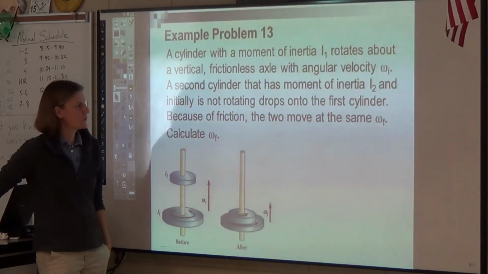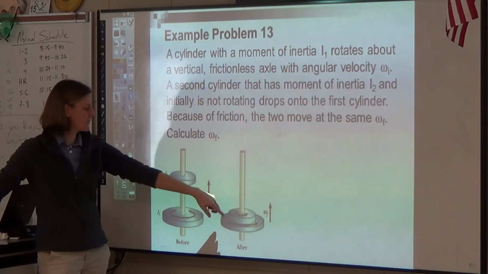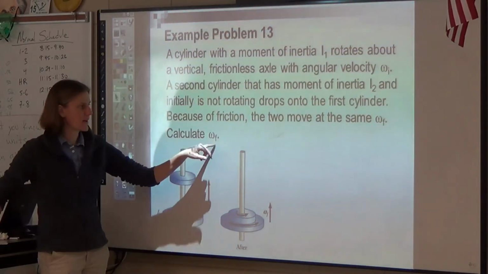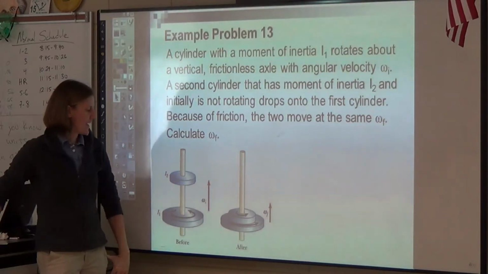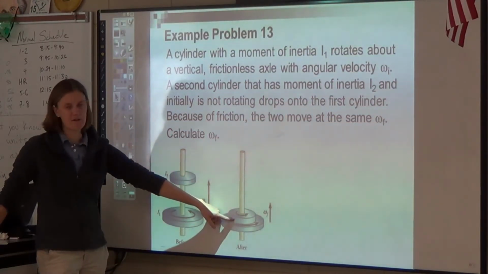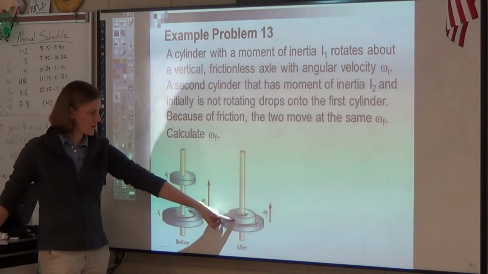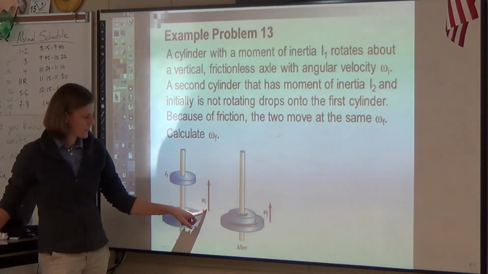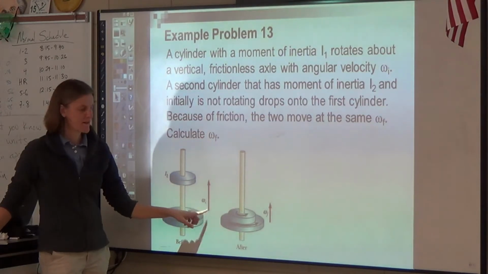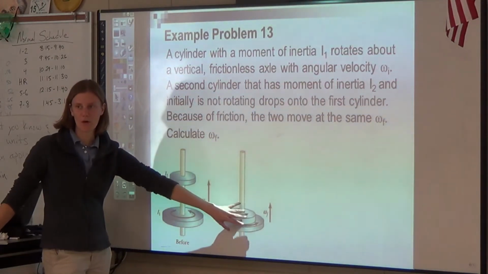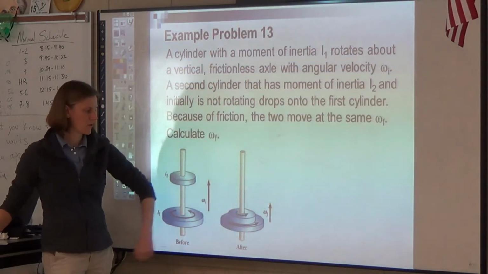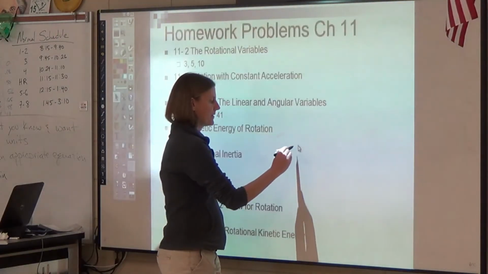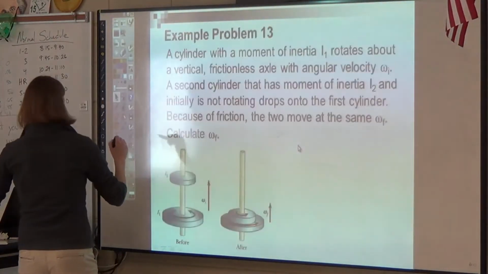Because of friction, the two move at the same omega F. So this just drops, sticks, calculate omega F. And just as a guess, is omega F going to be bigger or smaller than omega I? Bigger. And of course, they even drew it for you. It's gaining I. It's gaining more moment of inertia. So omega F should go down. So this is just conservation of angular momentum.